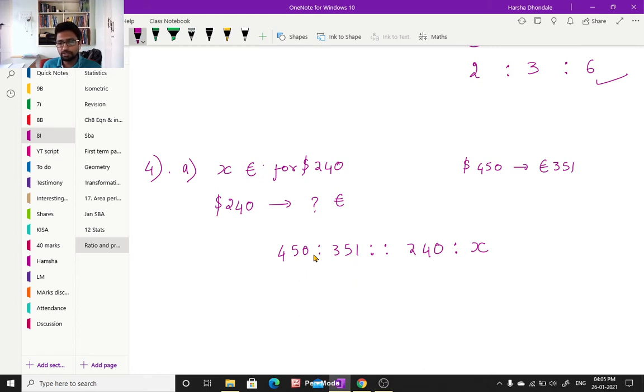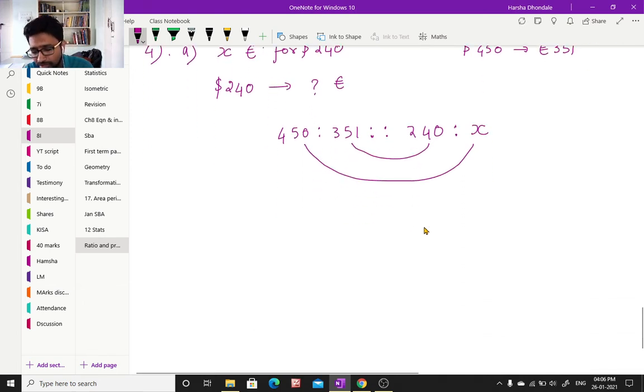So to solve this, I will make use of smileys. It's just to make it easy for you to remember. I call it smileys. But actually, in proportions, what we do is we say that the product of means is equal to the product of extremes.